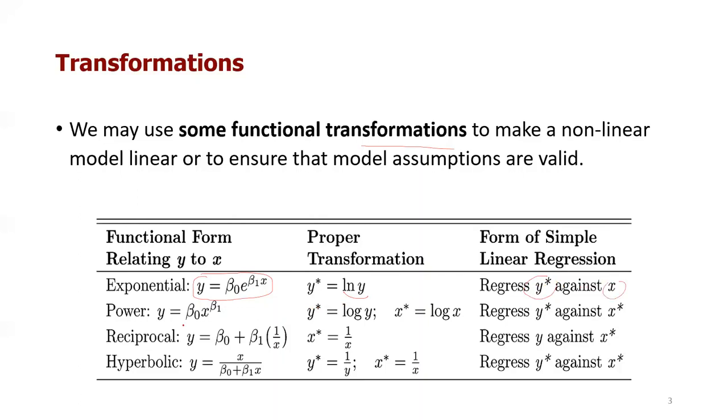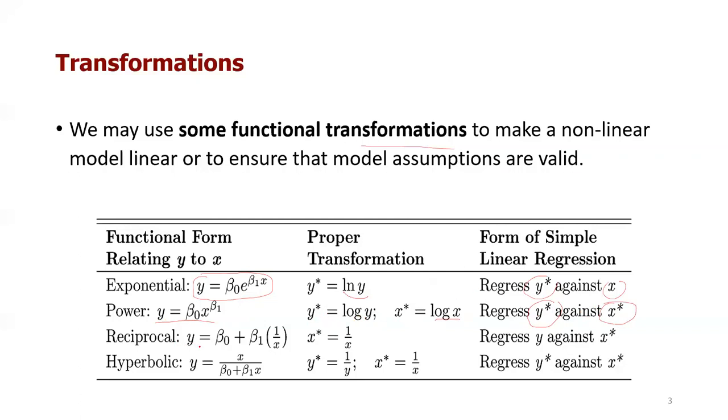If you think that y and x are related through a power function, that is, y is equal to beta 0 times x to the power beta 1, then make this transformation: y star equal to the logarithm of y, x star equal to the logarithm of x, and then make a regression on y star and x star.